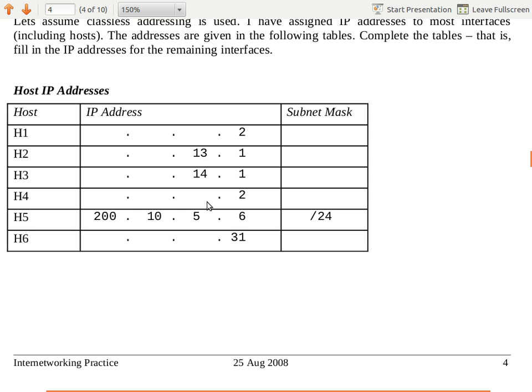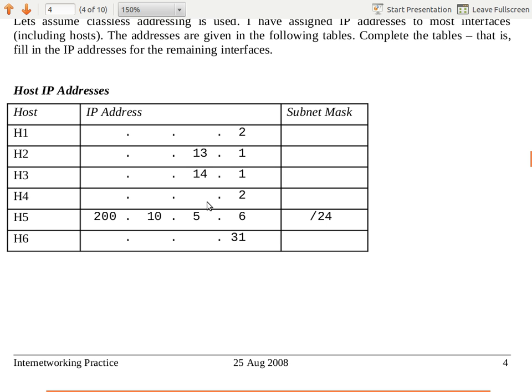So the IP address for H1 starts with the same sequence. Same first 28 bits, and the last 4 bits must be different.